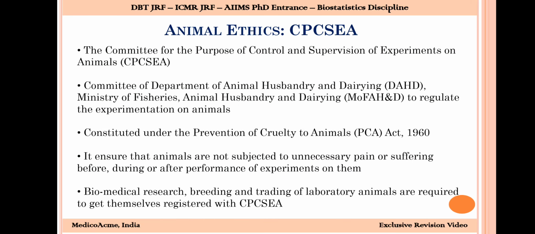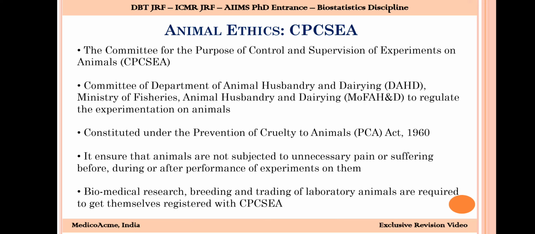Okay, so guys, animal ethics, or CPCSEA. This is a body, the Committee for the Purpose of Control and Supervision of Experiments on Animals. It comes under the Department of Animal Husbandry and Dairying.